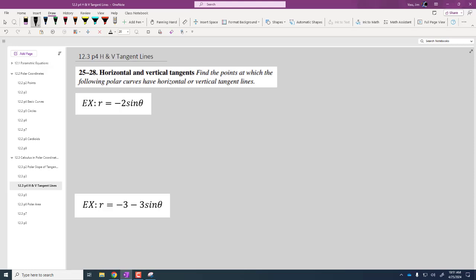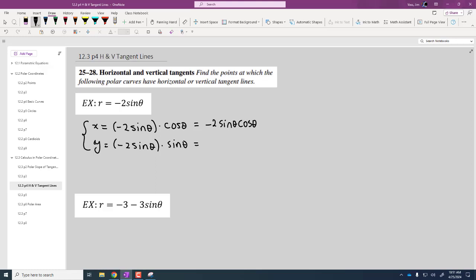All right, so we first convert from polar to parametric. So we do x equals r cosine of theta, and we do y equals r sine of theta. And maybe in this case we'll rewrite them a little bit, so that's minus 2 sine theta cosine theta.